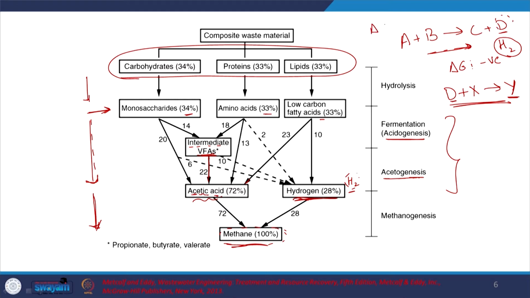Delta G will maybe not be favorable, it might even turn positive. So, then the whole process can come crashing down. So, that is something to keep in mind, as in there is a fine balance between the hydrogen that is being produced here and the hydrogen that is being used up by the methanogens during methanogenesis. And from here you are going to end up having methane. So, let us move forward.